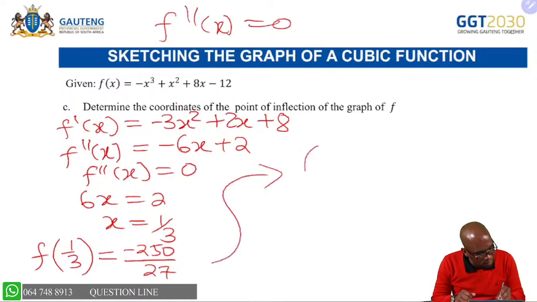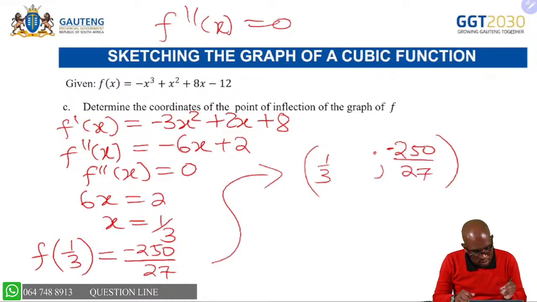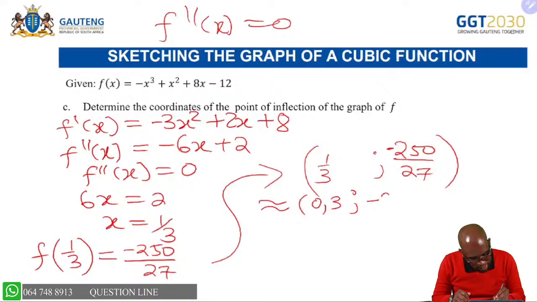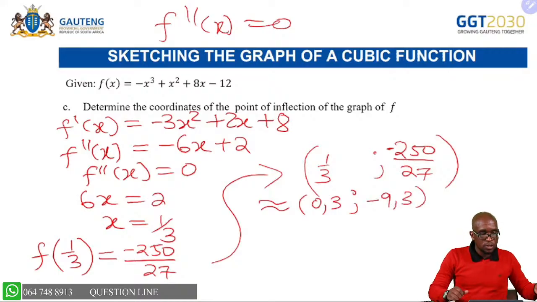So the point of inflection in this case would be a third, negative 250 divided by 27. If we approximate this, this would be 0.33 to minus 9.3. Right, that is the information that we have.